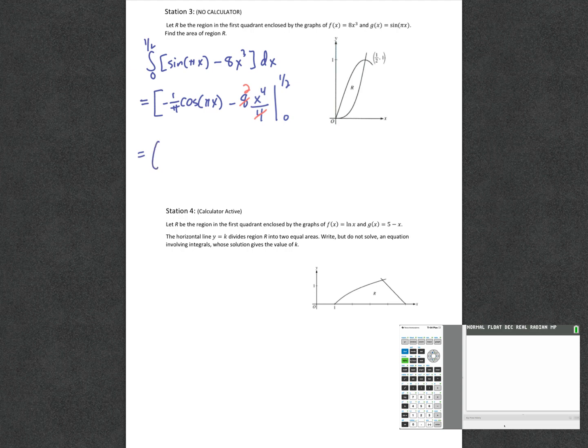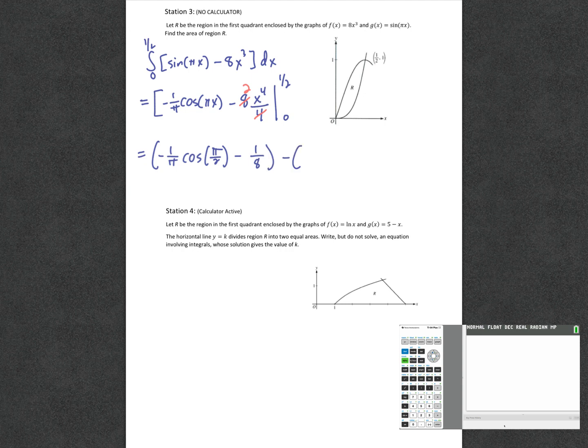Let's plug in a half. It'll be negative 1 over pi times cosine pi over 2, since plugging in a half to x gives cosine pi over 2. Then a half to the 4th power is 1 over 16, and times 2 will be 1 over 8.